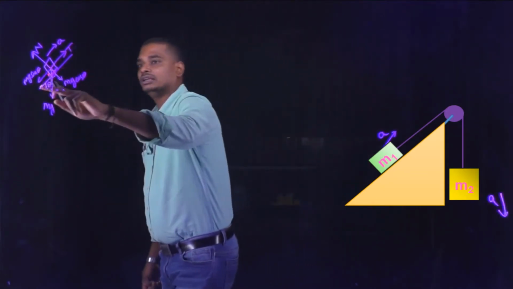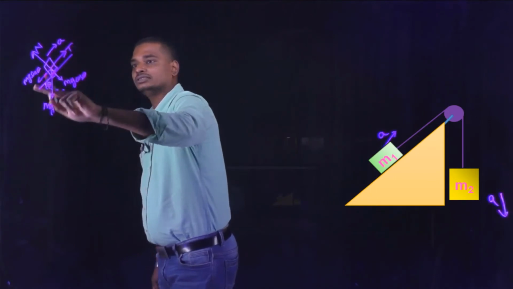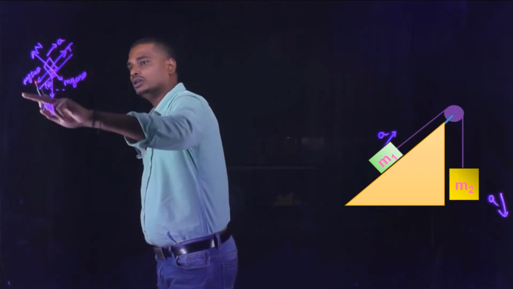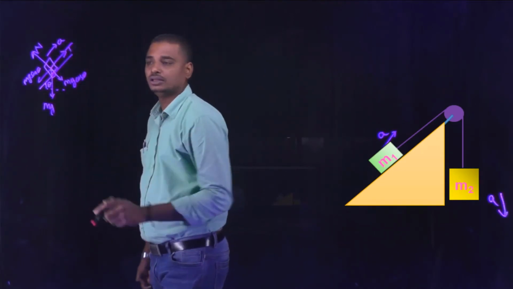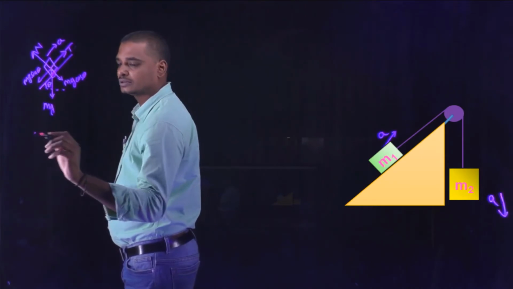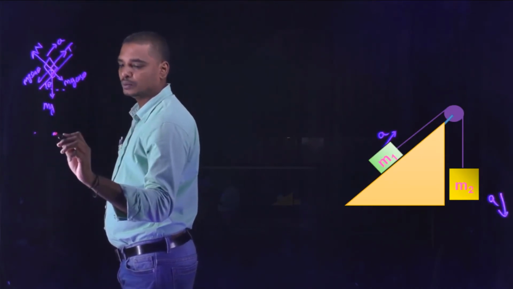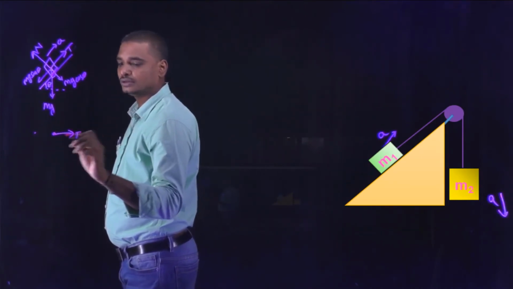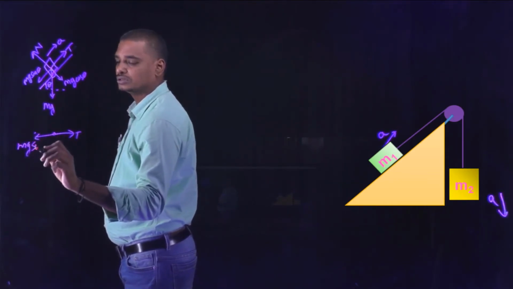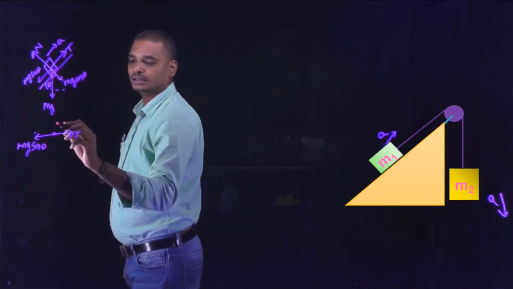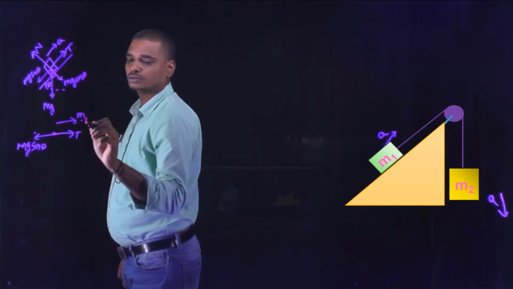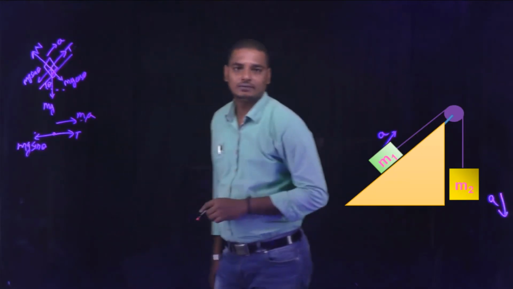Writing the equations along the direction of motion, I am concerned only about the equations along this direction. If you draw the free body diagram, it will be like this: tension T in this direction, mg sin theta in this direction, and the net force acting in this direction is m1a.